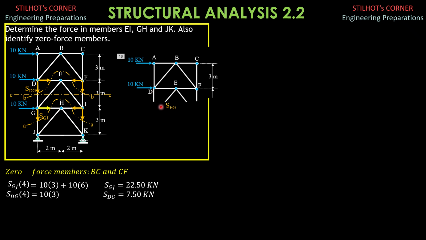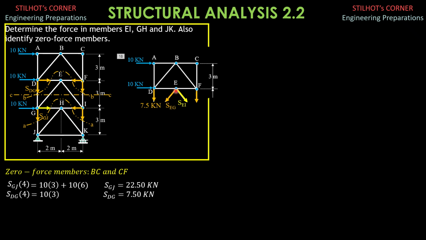SDG is 7.5. This is SEG, this one, and this is SEI, which is required, colored in yellow. The slope of SEG is 2 meters horizontal and 3 meters vertical. Therefore, the length is square root of 13.